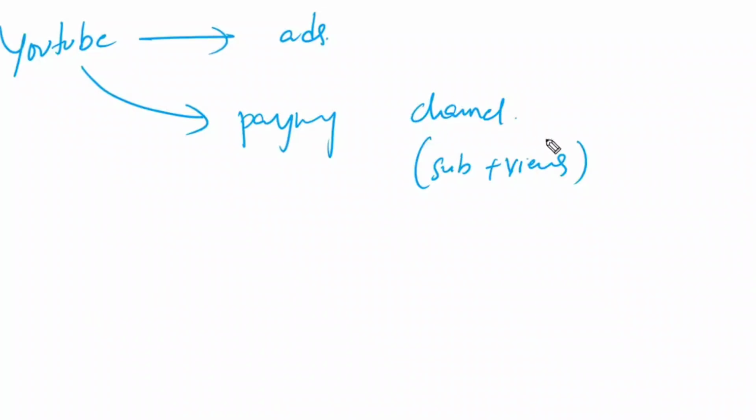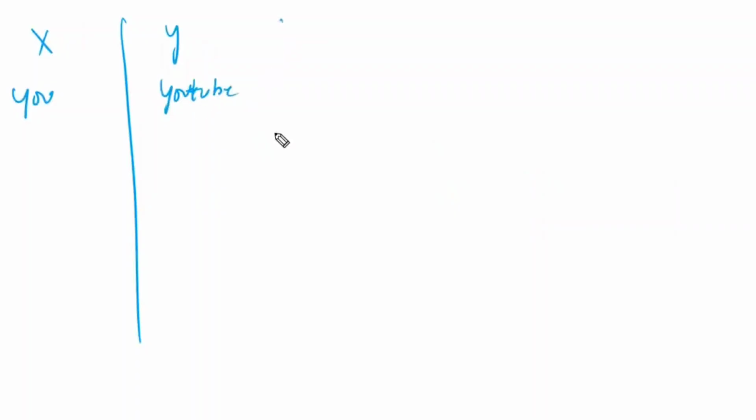So why is YouTube paying these people? They are creating content, fine. Some person X is creating content on YouTube, some person Y is creating content, some person Z is creating content. Now, why does YouTube have to pay for them? What is the reason behind that?